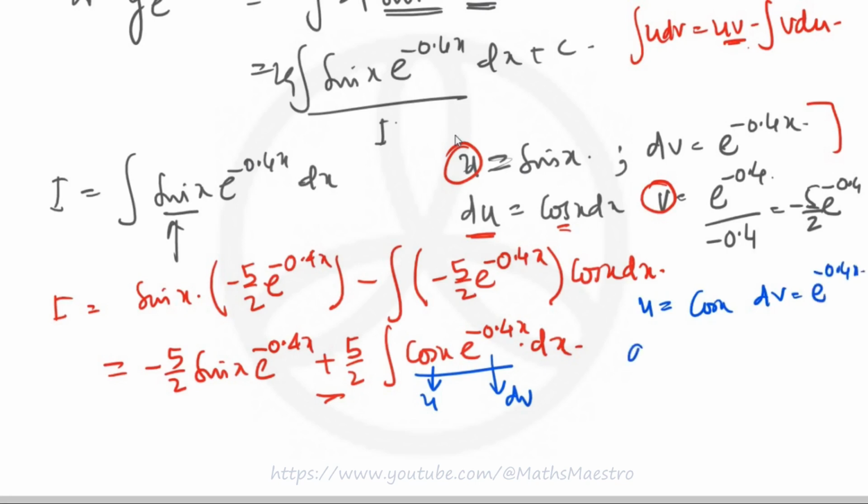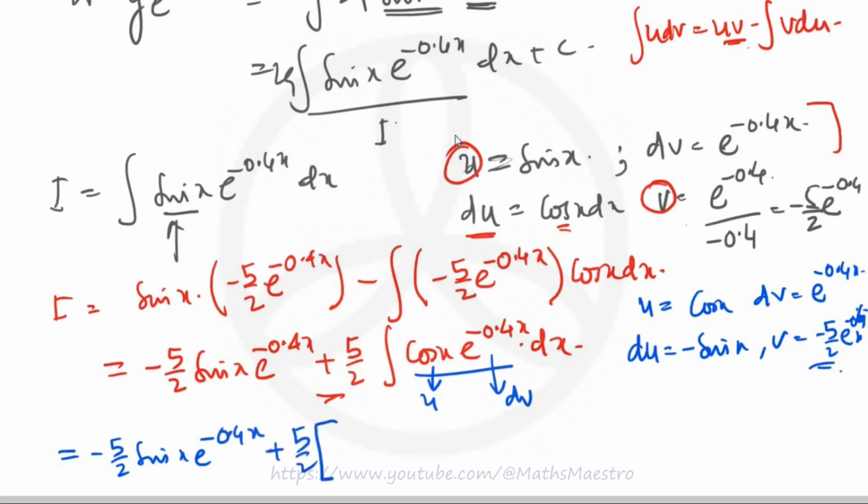This will give us du is equal to minus sine x, and v is equal to, again the same process here, minus 5 by 2 e to the power minus 0.4x. So integral of u dv is equal to uv, which will be cos x times minus 5 by 2 e to the power minus 0.4x, minus integral of v du. V is this and du is this.